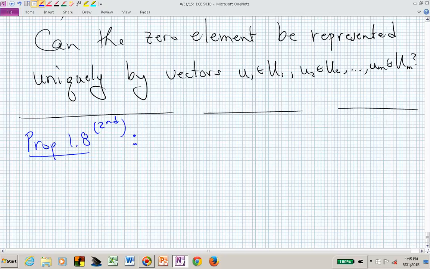That parenthetical second is the second edition of the textbook of Axler.